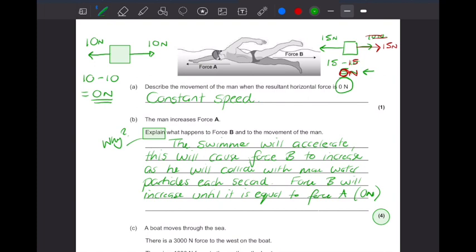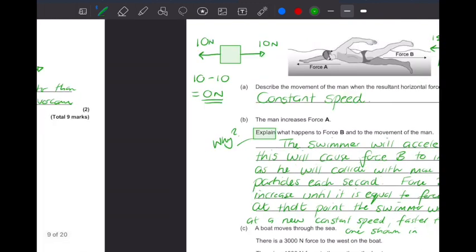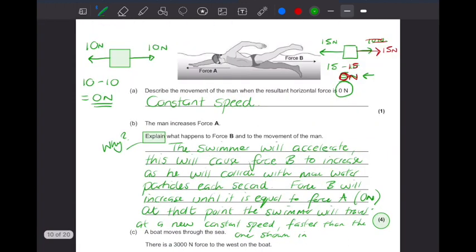At that point, the swimmer will travel at a new constant speed, and it will be faster than the one shown in the diagram, faster than shown in figure 1.